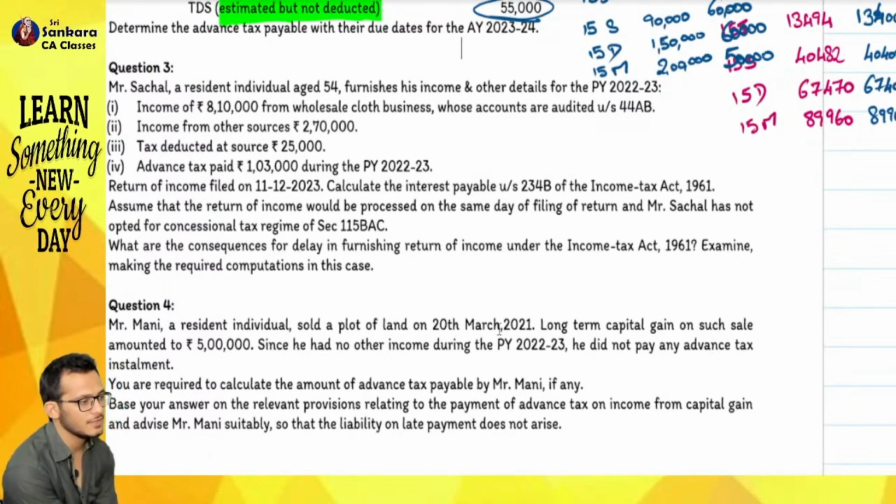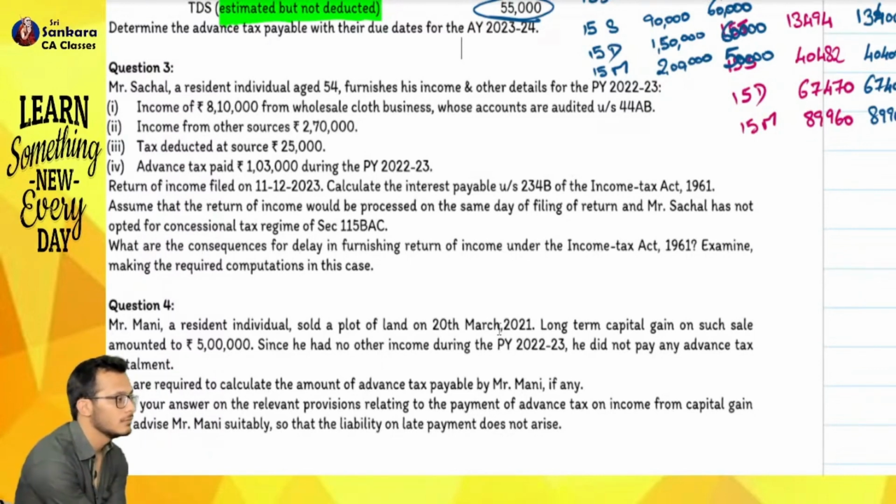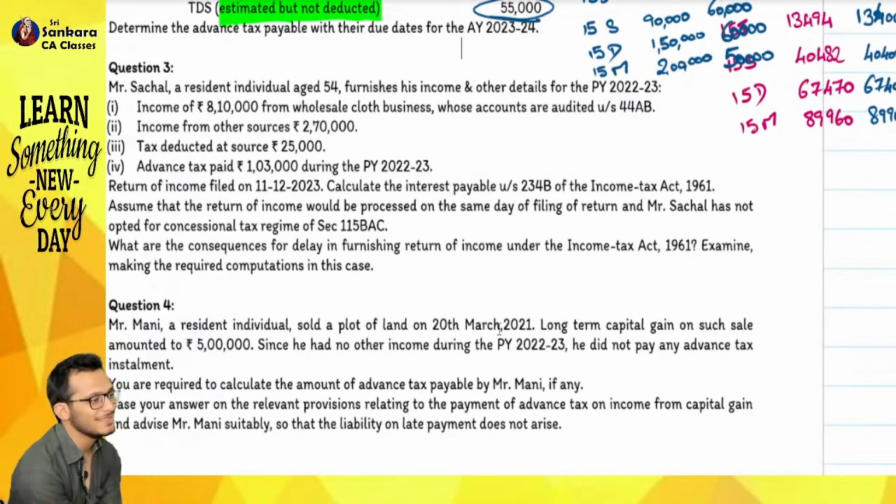Will you compute 234C? Yes or no? Is 234B not linked to 234C?